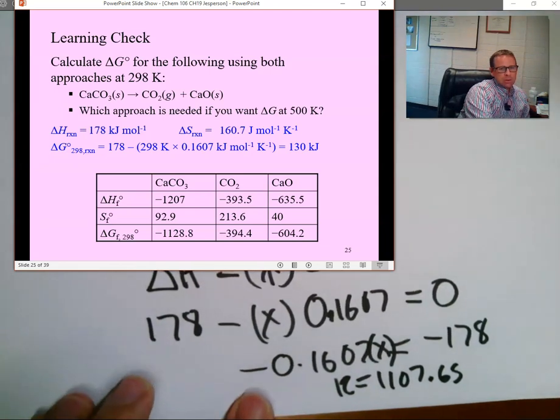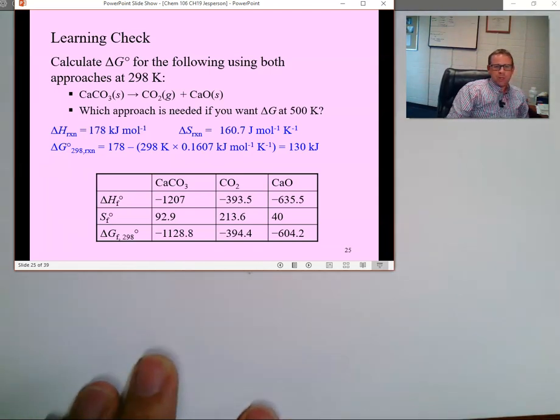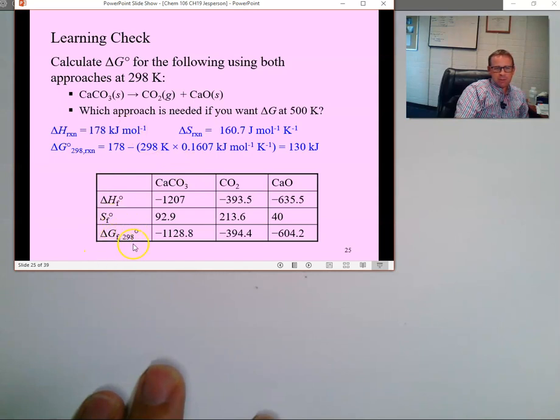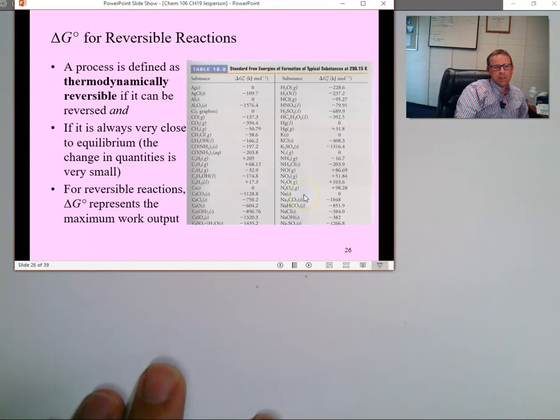All right? So, if we're given tabulated values for delta G, they'll be at 298, like that. But we can identify the delta G at different temperatures by using delta H and delta S in our second law of thermodynamics. Okay.